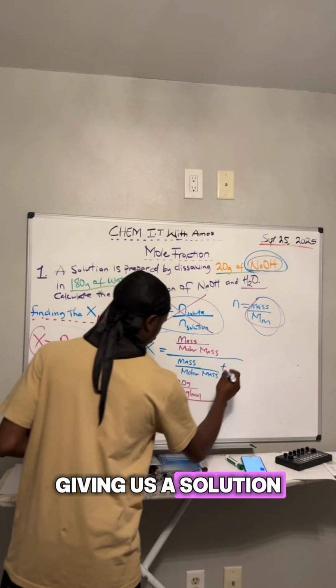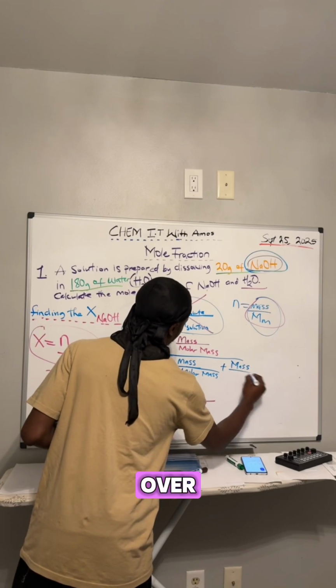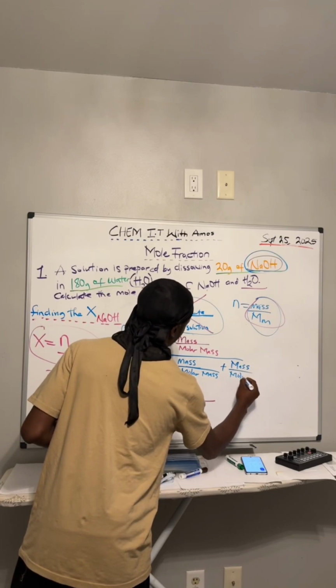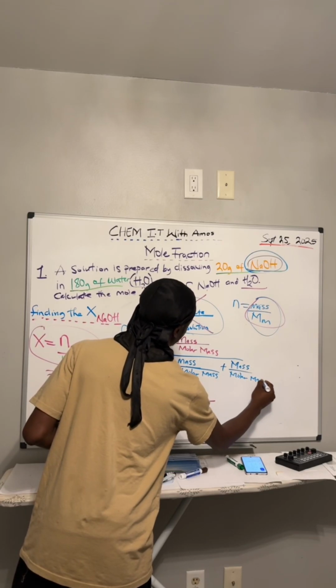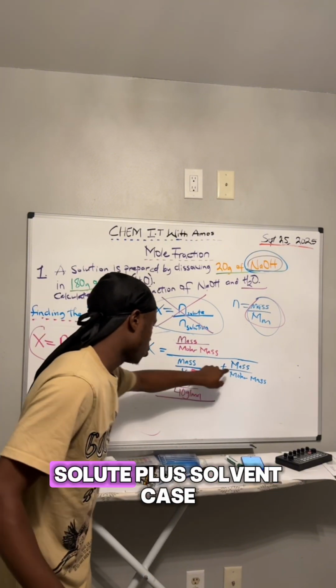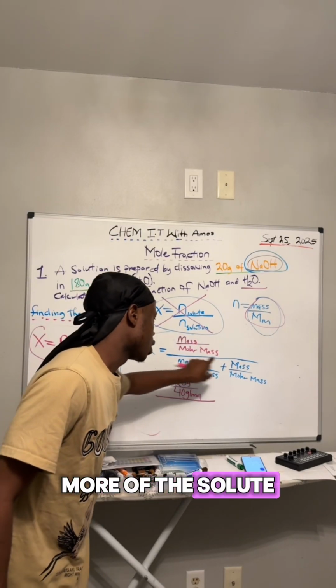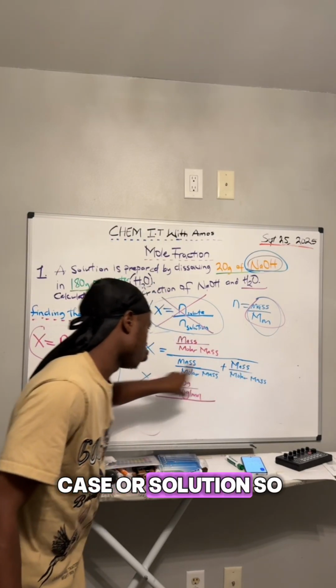Giving us a solution. So we can say the mass over molar mass. Don't get this confused. Solute plus solvent gives us solution. More of the solute, more of the solvent gives us solution.